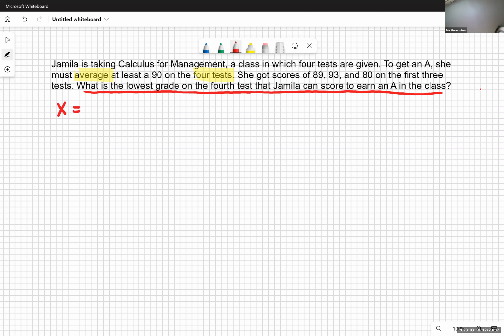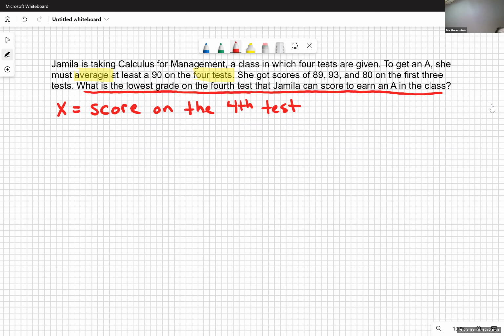And that's going to be the unknown number that we're looking for. So that's going to be the score on the 4th test. Okay, so X is the score on the 4th test. That's what we're looking for.